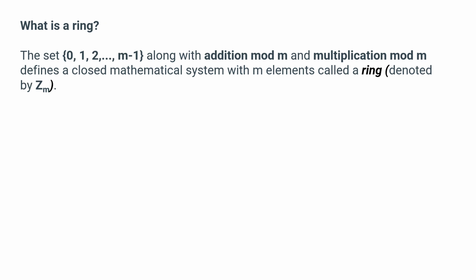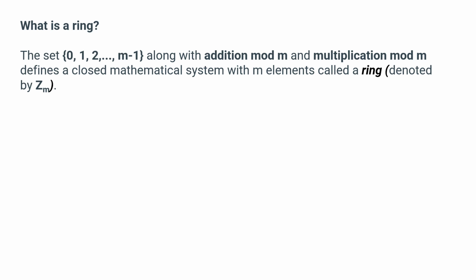Okay, what is a ring? Sometimes in mathematics we have some interesting definitions, and this is one of those. A ring in mathematics is just this: a set of integers starting with 0 up to some certain number, we'll call that m minus 1.